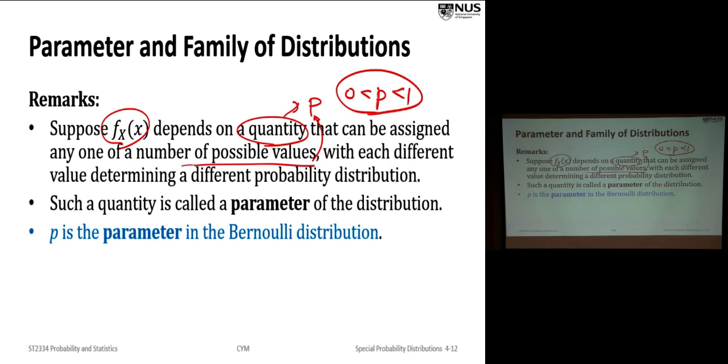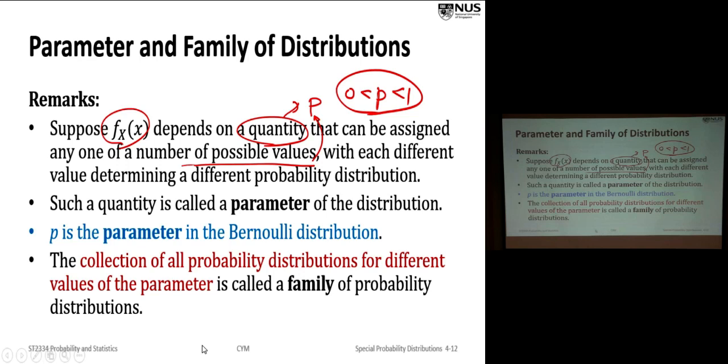Each has its own meaning. So here the parameter p represents the probability of getting a 1. If x equal to 1 is the success, then it means the probability of getting a success. So the collection of all the probability distributions is called the family of probability distributions.